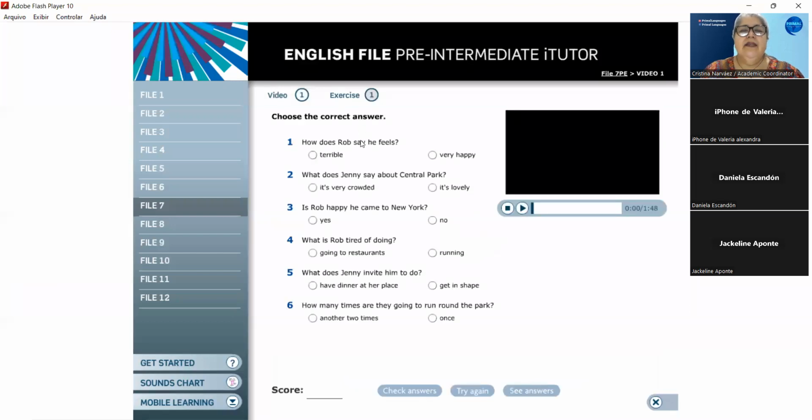So, number 1. How does Rob say he feels, Valeria? Terrible. Okay. Number 2, Daniela, what does Jenny say about Central Park? It's lovely. Very good.